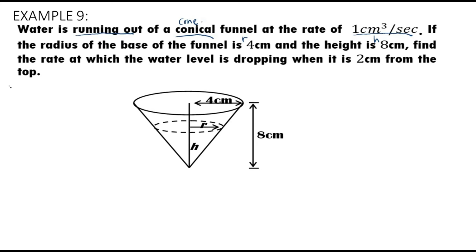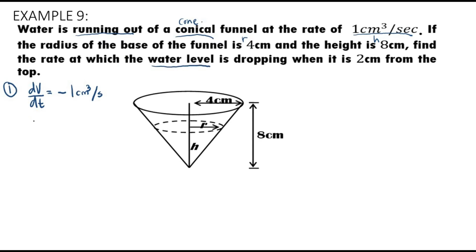Step number 1, we have to find two main pieces of information given in the question. From the first sentence itself, water is running out, so we have dV over dt. Since it is running out, we have a negative sign there: negative 1 cm³ per second. Now, based on the second sentence, find the rate at which the water level is dropping.